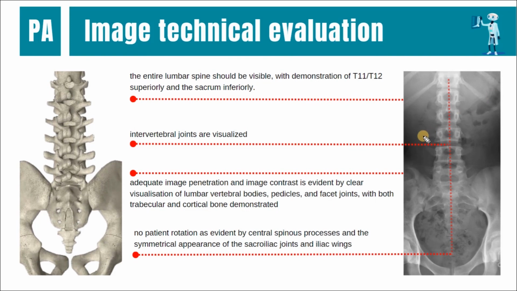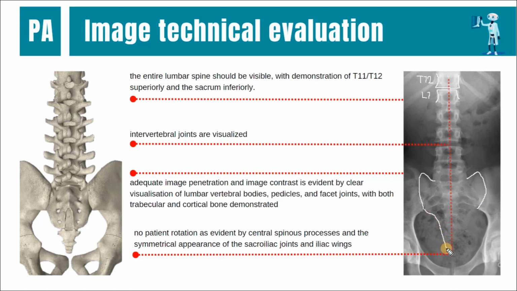Here is a normal, proper projection of the lumbar spine. As we mentioned, from the superior, you need to include at least the T12 to L1 junction. So this is L1, this is T12, L1, L2, L3, L4, L5, and the two sacroiliac joints laterally.